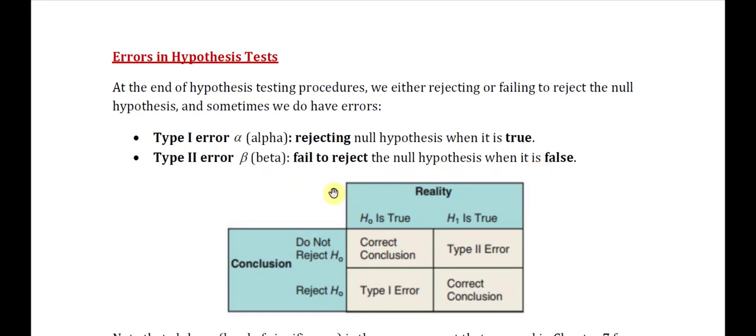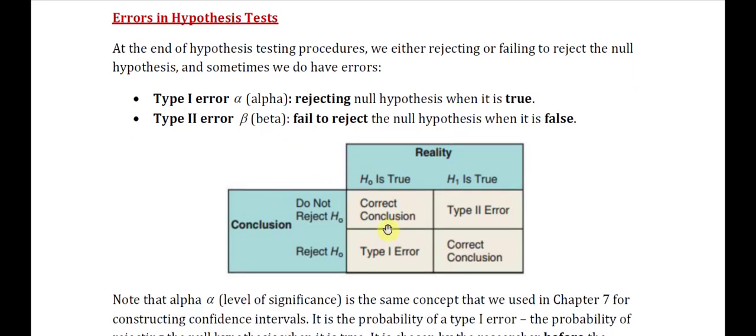Okay, so go back to this table here. This is where the null hypothesis is true, and this is where the alternative hypothesis is true. When the alternative hypothesis is true and we fail to reject, that means we are in the type 2 error.